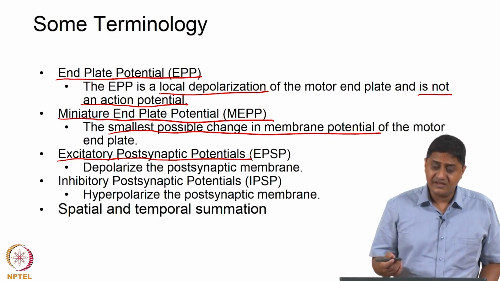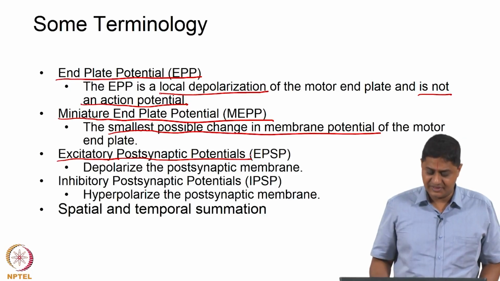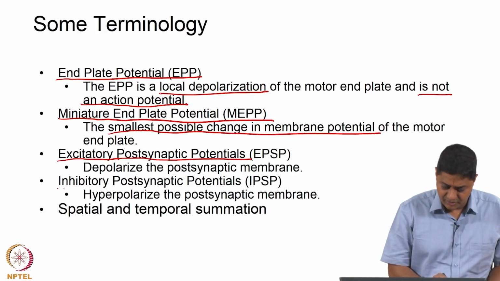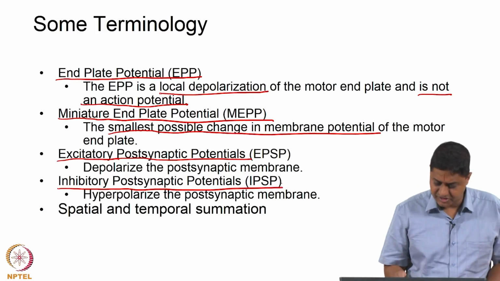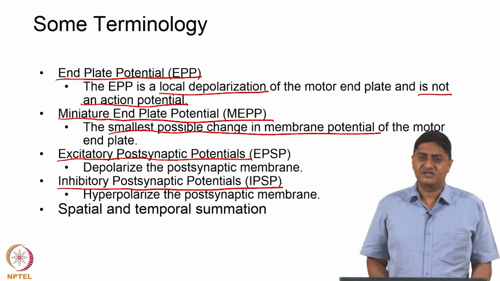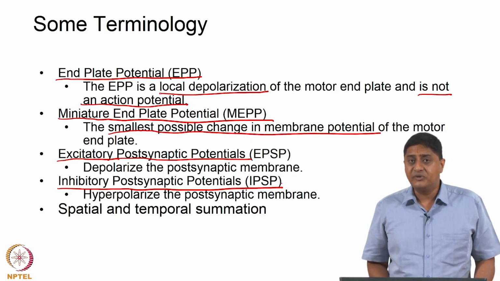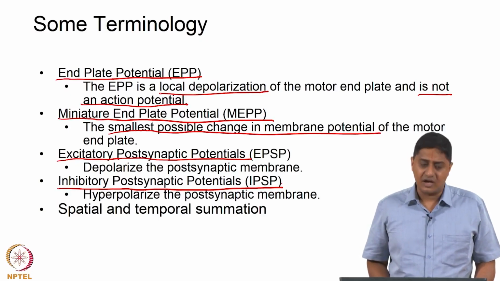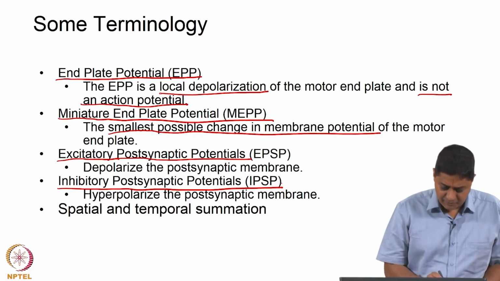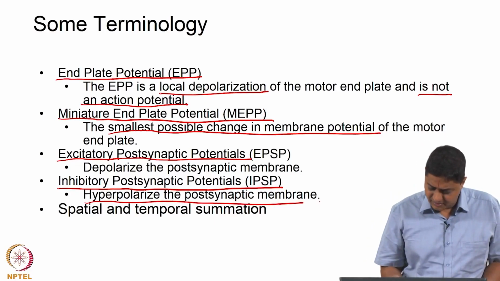So, it is possible for a neurotransmitter to cause inhibition on the postsynaptic side. This is called the inhibitory postsynaptic potential. This is usually caused, for example, by inhibitory neurotransmitters such as GABA, right. This hyperpolarizes the postsynaptic membrane, right.